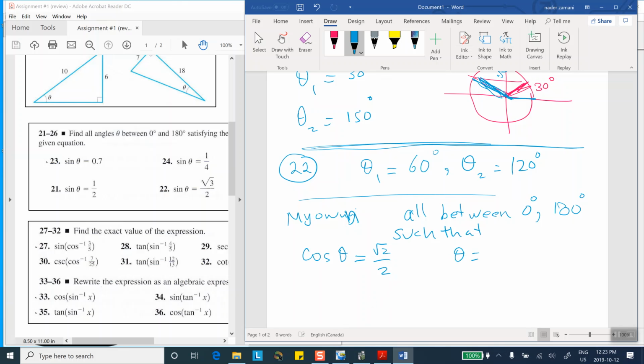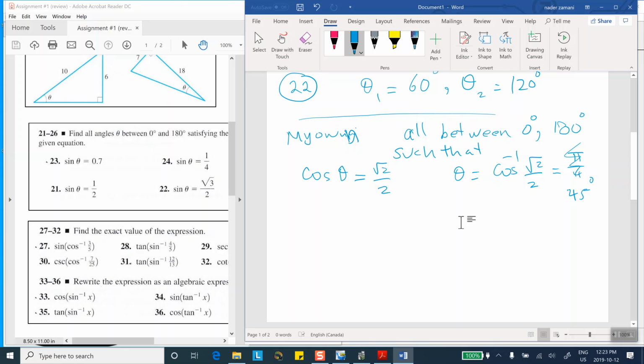So theta equal to cos inverse of root 2 over 2, and the calculator will spit out, or you should know actually what this thing is. It's going to spit out pi over 4, or 45 degrees, no problem.